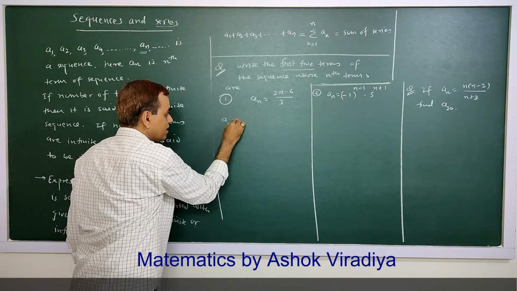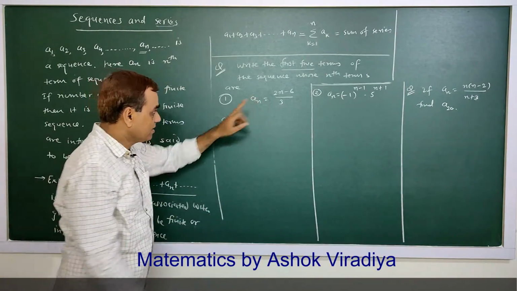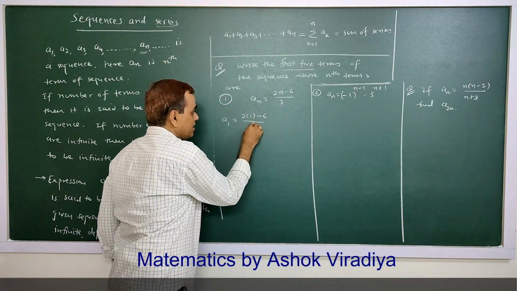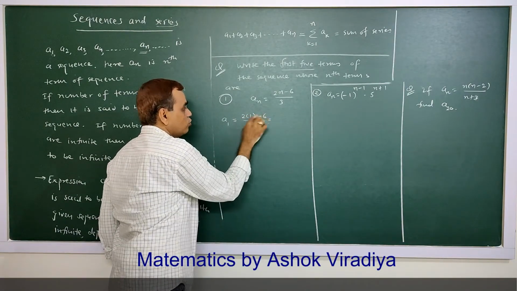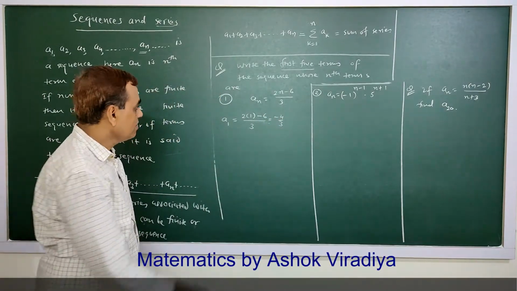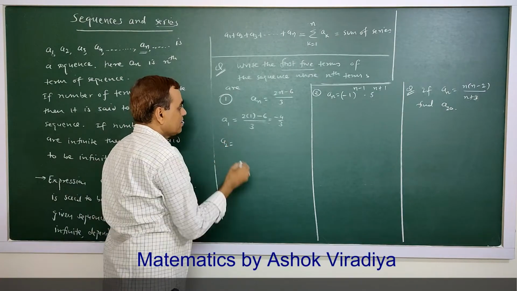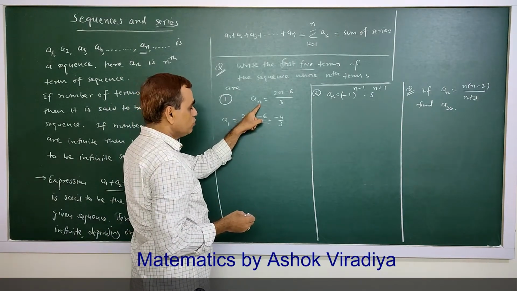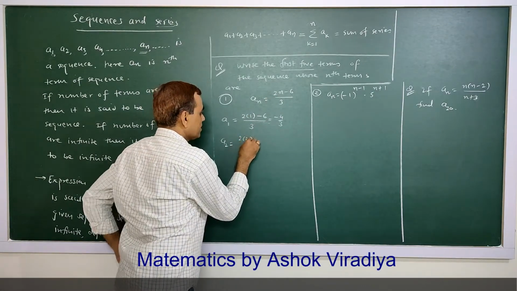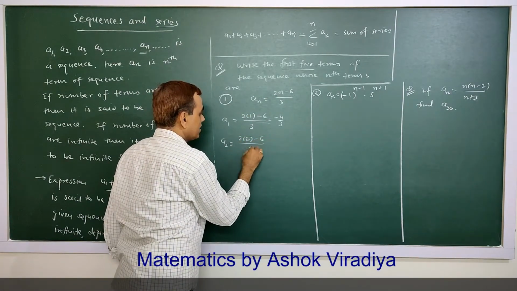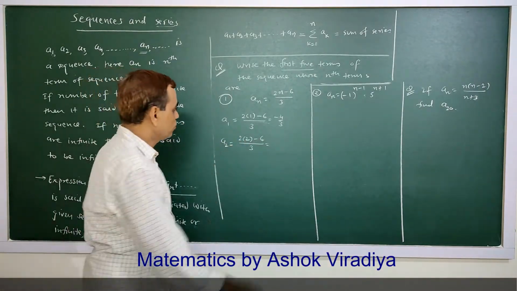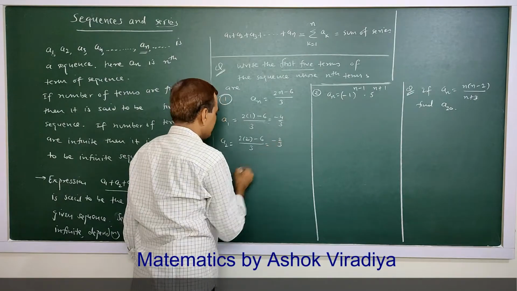So a1: (2 into 1 minus 6) by 3, so 2 minus 6, minus 4 by 3. It is the first term. To find the second term, we keep n equal to 2: (2 into 2 minus 6) upon 3, so 4 minus 6, that is minus 2 by 3.